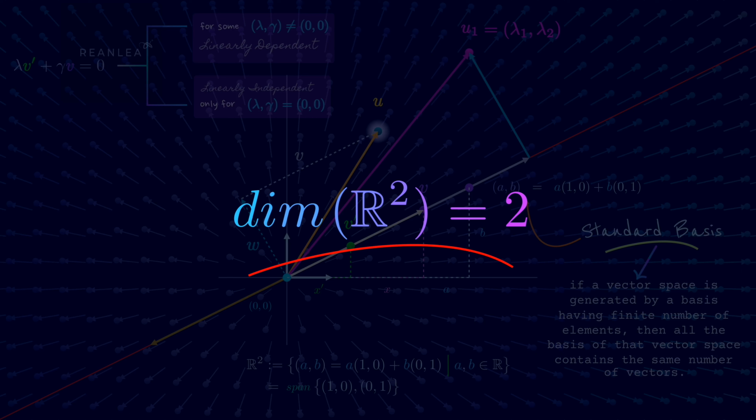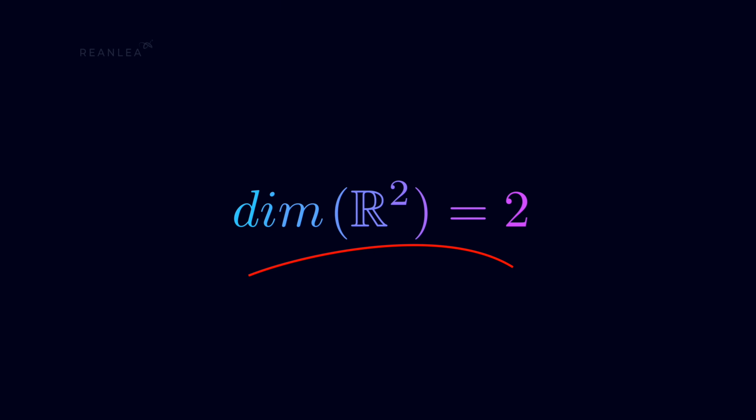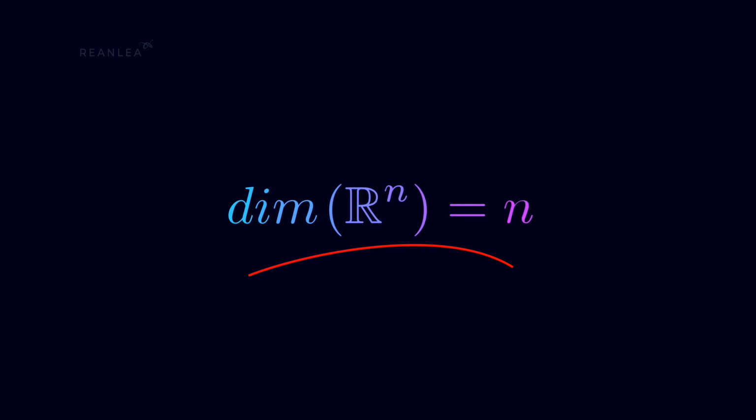Here we have seen different representations of vectors with respect to different bases. But in this lecture series, we will not go deeper than this. Rather, similarly, we can conclude the dimension of R3 is 3 and the dimension of Rn is n for all n in the set of natural numbers.